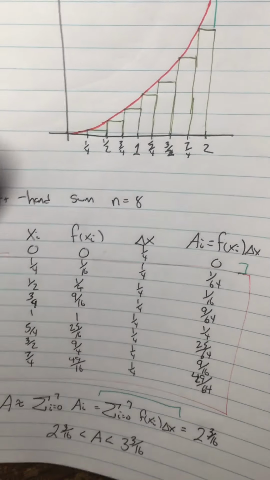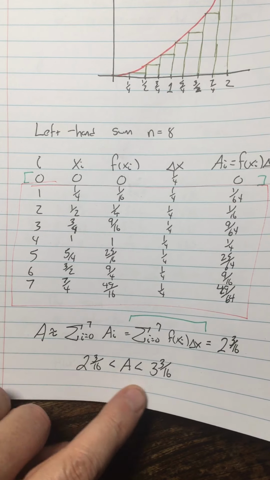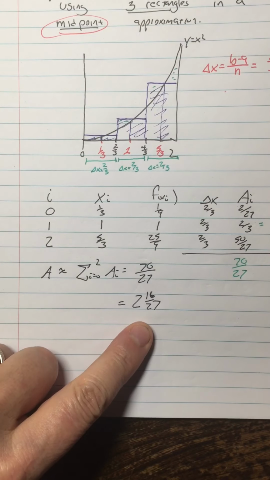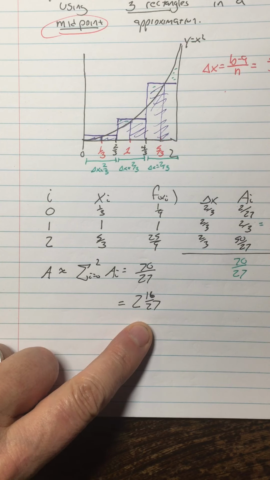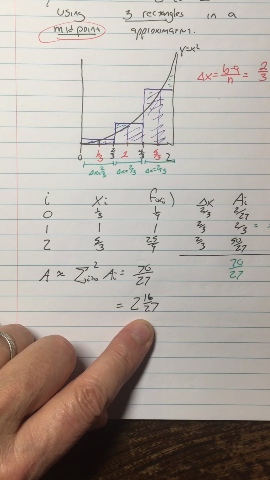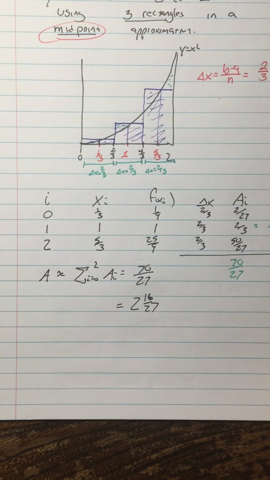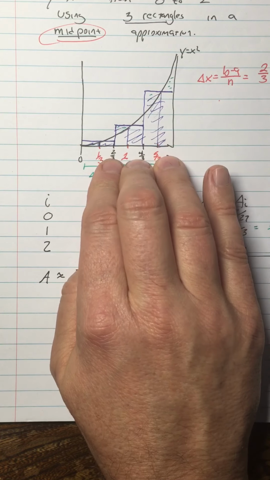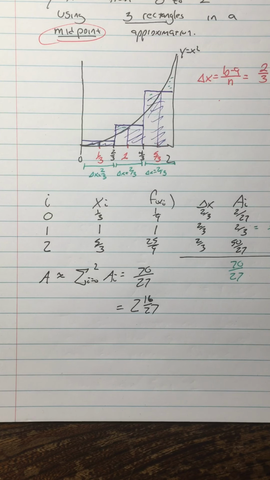With 8 rectangles, we knew we had to be between 2 and 3/16 and 3 and 3/16. This value is already between those two values. Now, the disadvantage is I don't know whether this is an overestimate or an underestimate, so I don't have any upper bound or lower bound. I just know that this is a fair approximation to that area. So that's one thing we can do, shift where we're evaluating the rectangles. The next thing we're going to look at is using trapezoids instead of rectangles.